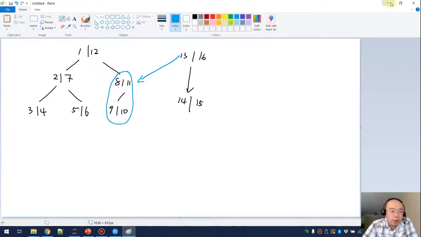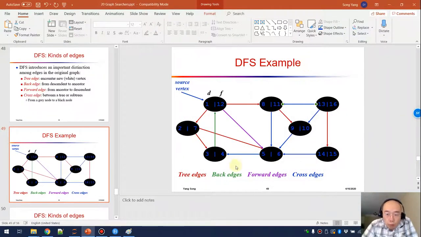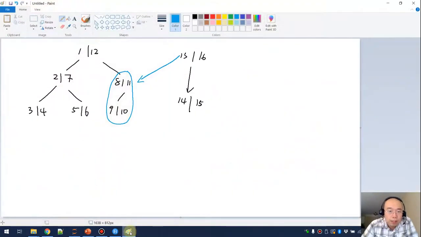Let me give you another example. How about 811 to 56? What is that? That is from a subtree to another subtree.